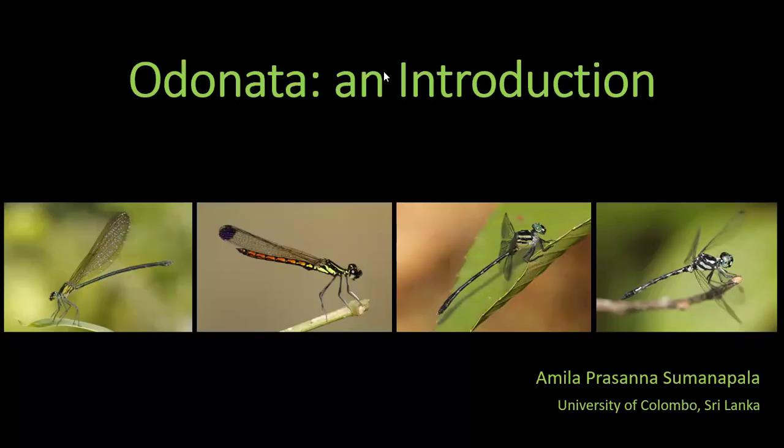Thanks for the introduction. I'll be providing you a brief intro on odonates, generally what they are, what they do, their behaviors, classification, and how to identify them, and a few brief pointers on identifying a few key families in our region, the South Asian region, and maybe little pointers here and there on identifying species and how to record them, how to observe them, if you are uploading observations to iNaturalist or any other citizen science platform.